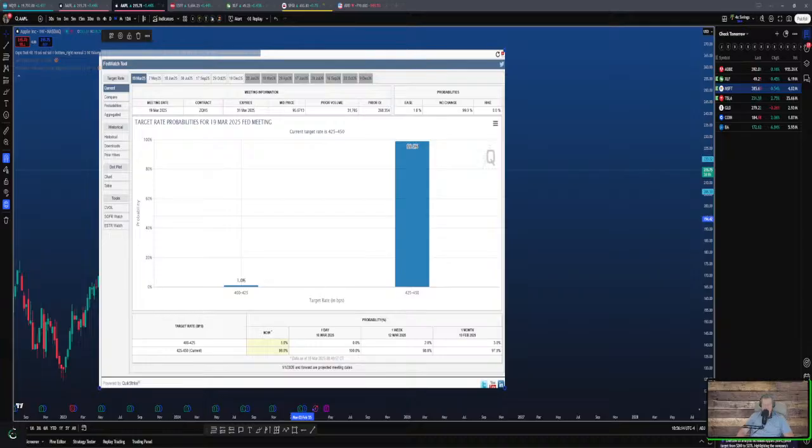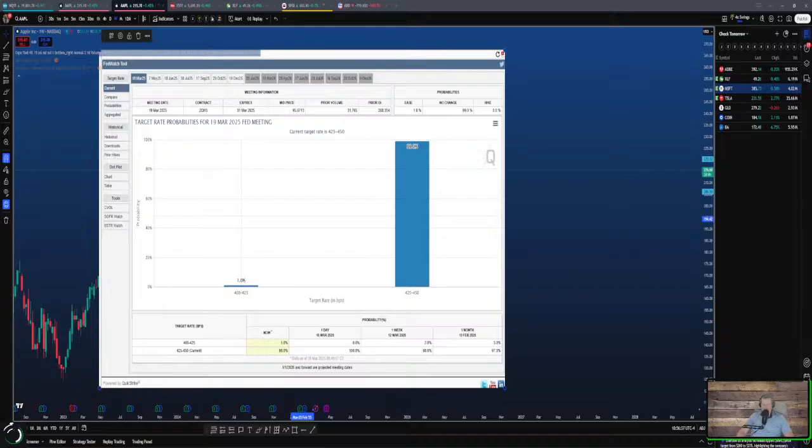So we're at 4.25 right now. Is that right? 4.5. Yeah. So 3 cuts. So whatever dot plot they come out with, then that'll matter. Even if I look at July, they're pricing in 1 to 2.